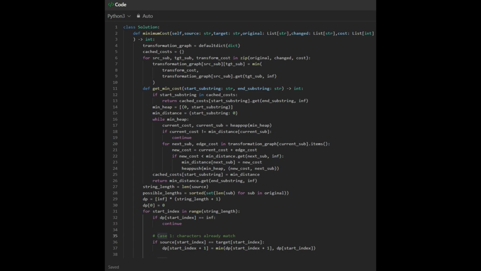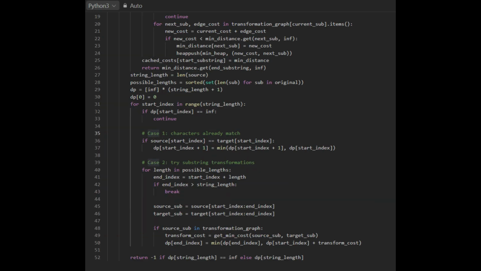Sometimes, the transformation you want doesn't exist directly. Example. BCD to ST exists. ST to DDD exists. So BCD to DDD is possible through two steps. To handle this, we run Dijkstra's algorithm on the substring graph to compute minimum cost to convert one substring into another. We also cache these results so we don't recompute them again.